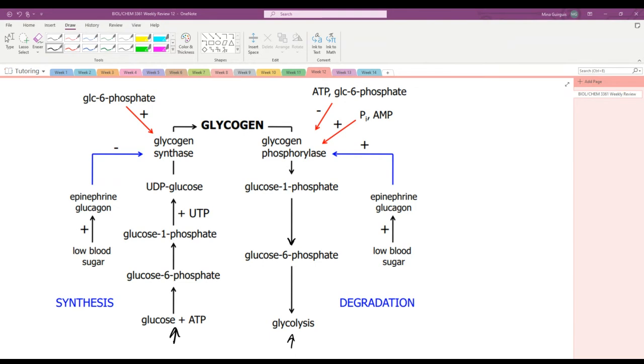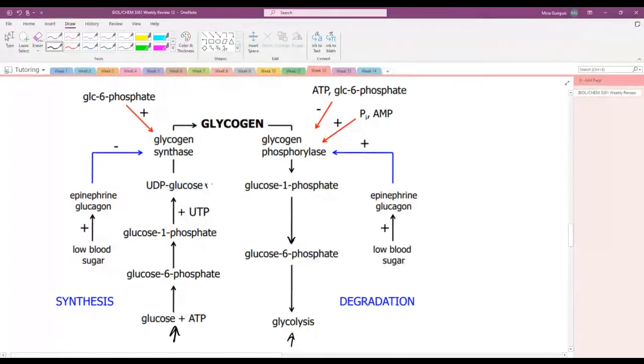Interestingly, in the same way that we couple reactions to ATP hydrolysis, we do something very similar with the UDP. So glucose 1-phosphate plus UTP gives us UDP glucose plus pyrophosphate.